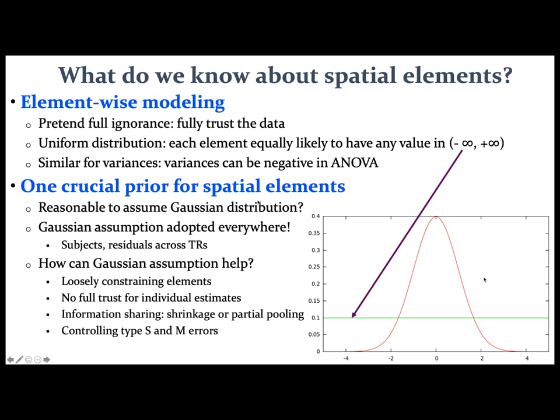Instead, we adopt a different approach, using a Gaussian distribution for those subjects, for NBA players, for counties, and for brain regions. We have been doing that for the subjects we recruited for the study. We can do the same thing for the brain region. So with that, we can build one model. Then we can control the two different types of errors, type sign and type magnitude.